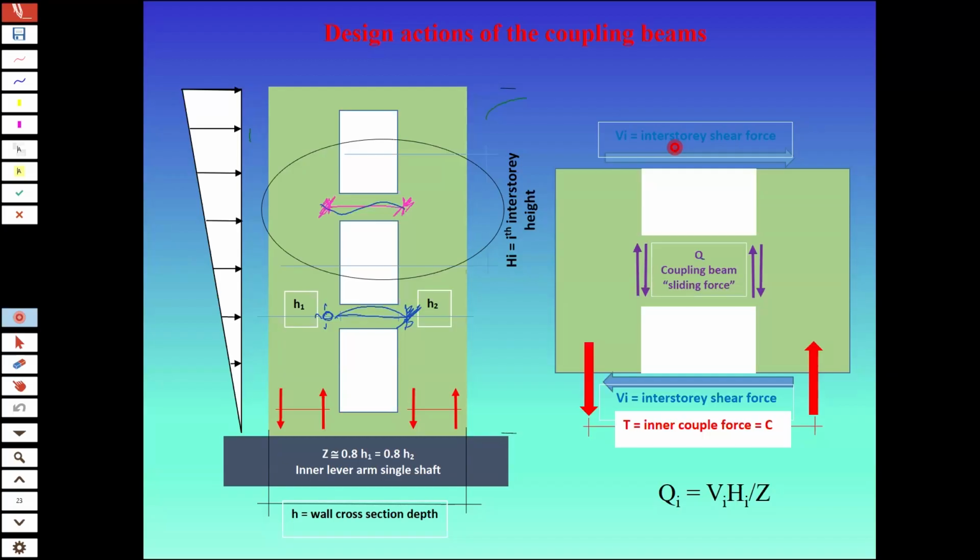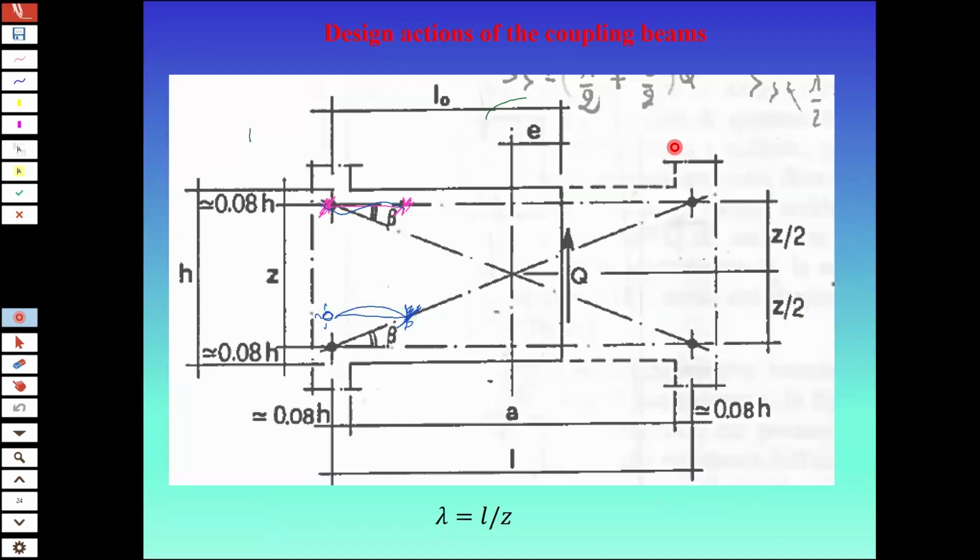So actually your design requisites will become more and more demanding as you go down, or as you go higher with the building and you design the lower cross section. We have to cancel something here.